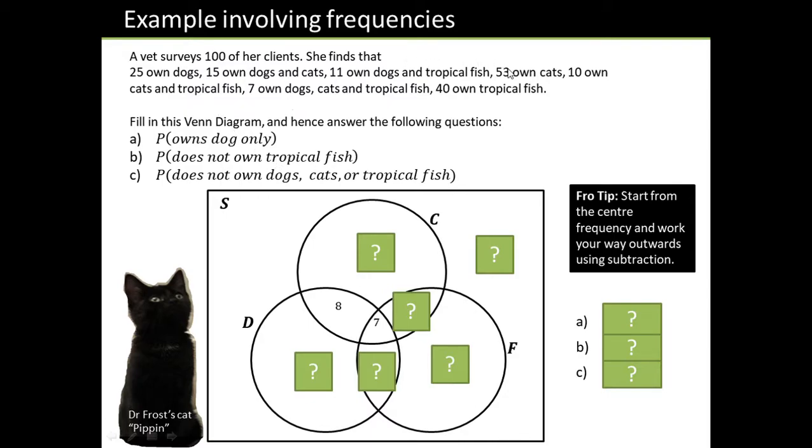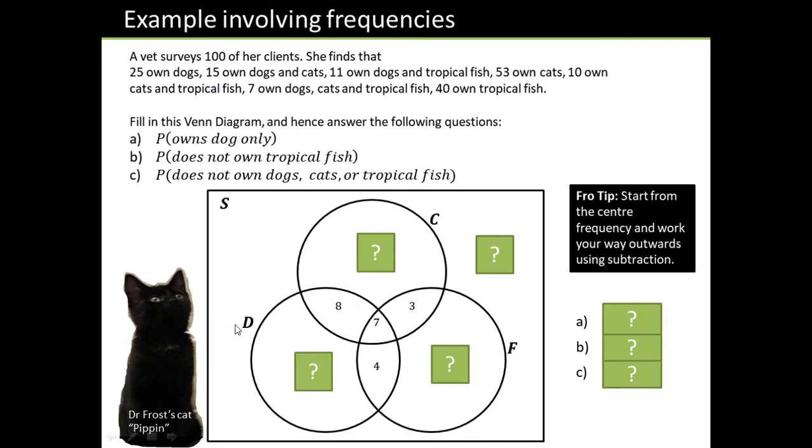Similarly, we've got here 10 own cats and tropical fish. So cats and fish means that in total that has to add up to 10, so this must be 3. And for this one here, we've got dogs and fish. So 11 own dogs and tropical fish. So that must be 4 in that area.